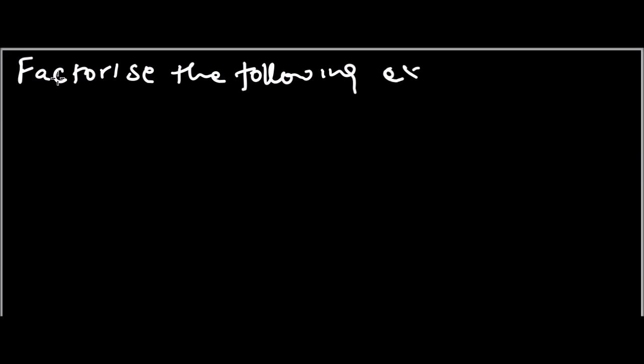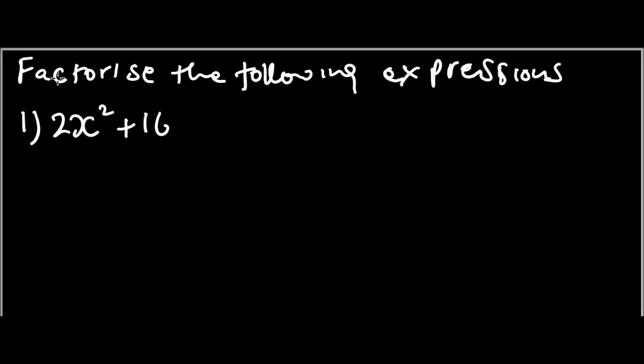So we say factorize the following expressions. So we have number 1. You can try, this is 2x squared plus 16x plus 24.